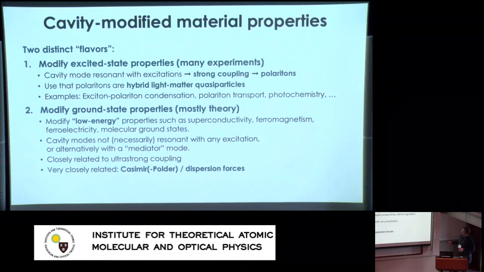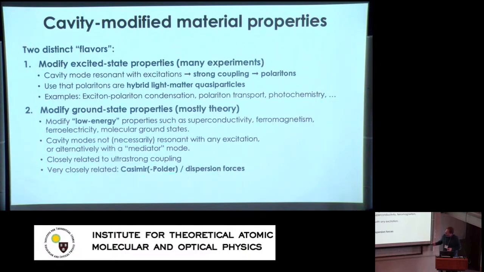Then we have the second big topic that we've heard quite a bit about already, which is to modify ground state properties, where most of the existing work, I would say, is theory. It's proposals of trying to modify low energy properties such as superconductivity, ferromagnetism, ferroelectricity, molecular ground states, where I don't necessarily need to be resonant with an excitation, or many times I'm not, because I'm exactly talking about low energy properties.